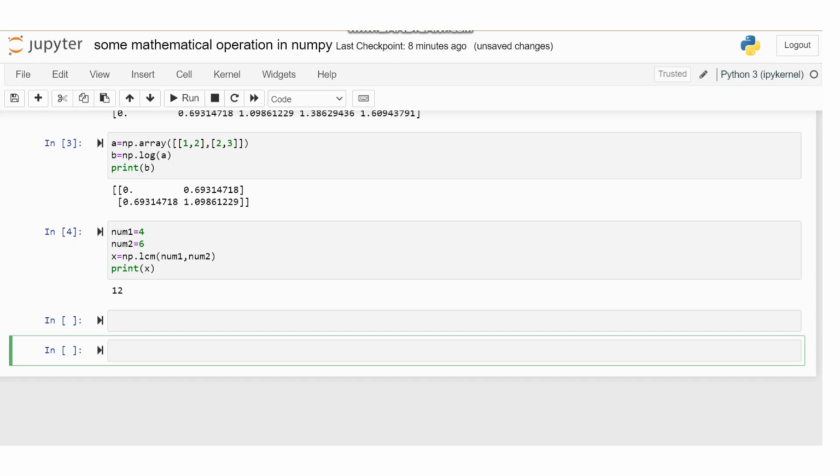And find the LCM of the values of the following array.